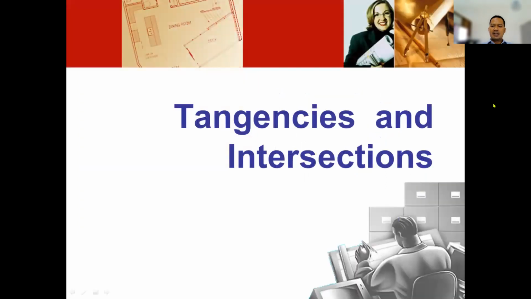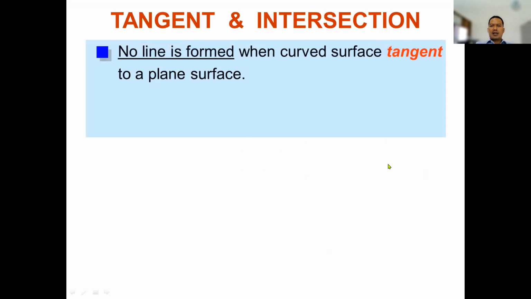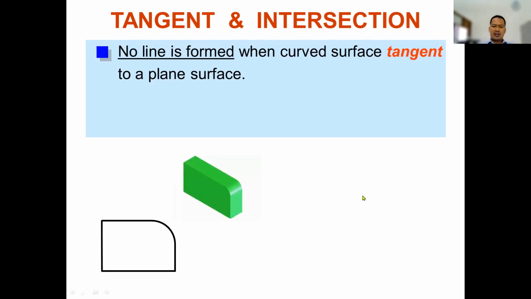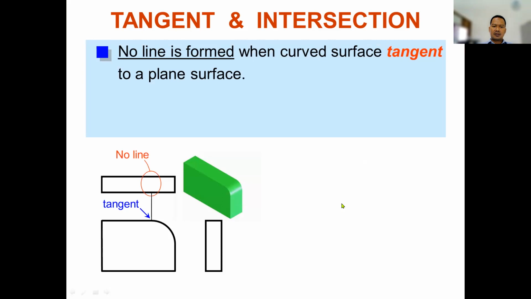And then about the tangencies and intersection in technical drawing. Tangent and intersection: no line is formed when a curved surface is tangent to a plane surface. For example, you have a radius in here, and then you want to see this is the tangent line between horizontal and also tangent line between vertical and the corner.